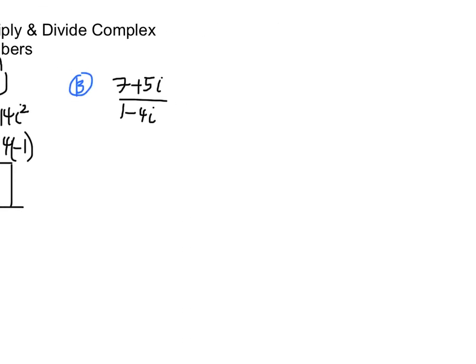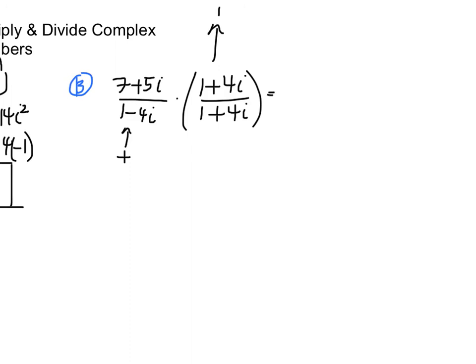Next, let's divide complex numbers. We're going to solve this similarly to how we did square root problems in division. We're going to multiply by the conjugate of the bottom. This time the conjugate is 1 plus 4i, which is similar to square roots because we're taking the value and changing the sign, going from negative to positive, and multiplying the numerator and denominator by the same number, which is 1.